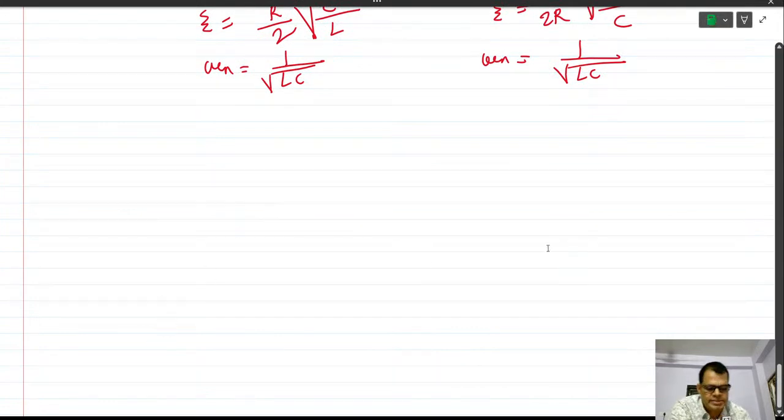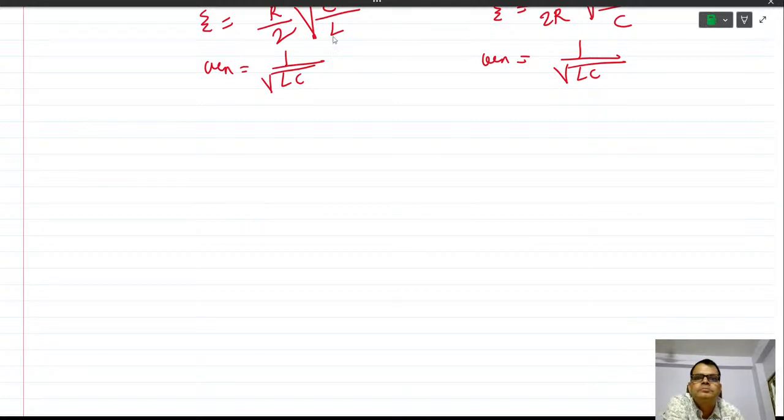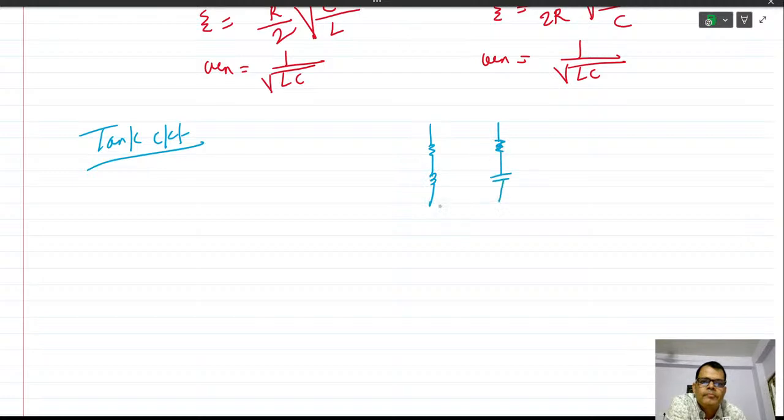Let us move to the tank circuit. This is RL, the series resistance of a practical inductor, and this is L, and this is RC.